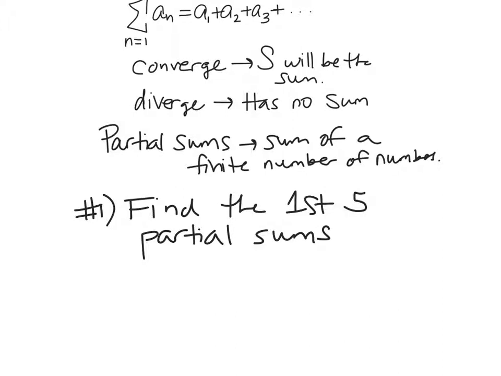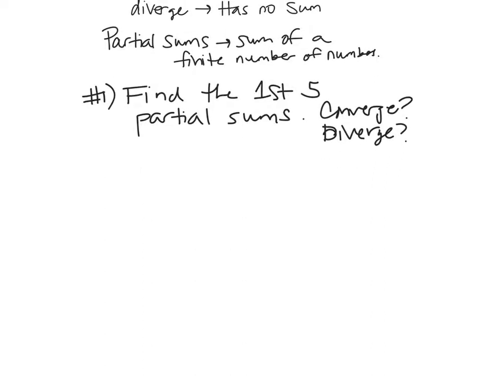And then we're going to say, will this converge or diverge? You'll be able to tell after you find the first 5. You'll see that it appears to be approaching a number, or it appears to be going to infinity. So we're going to do 1, 2, 3 of these. So letter A.